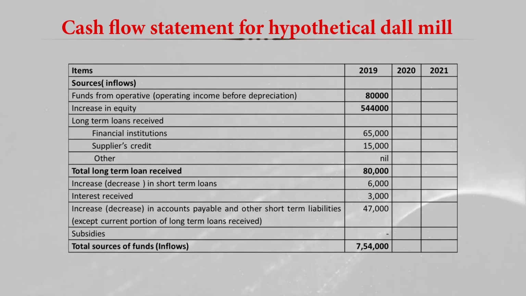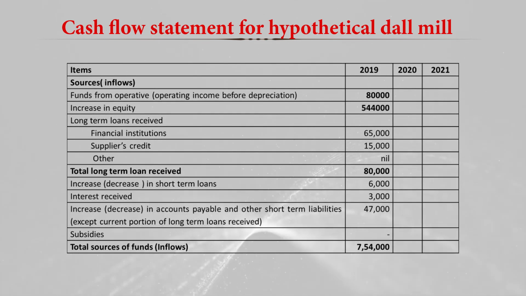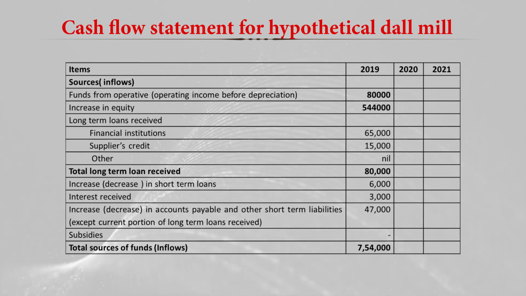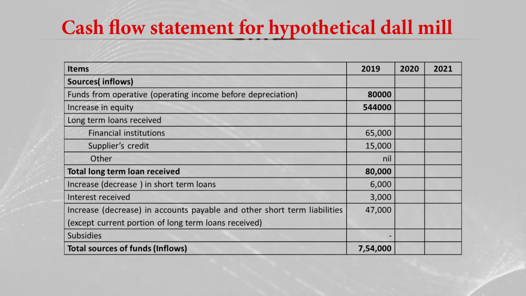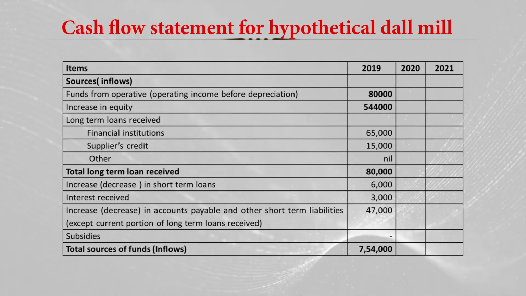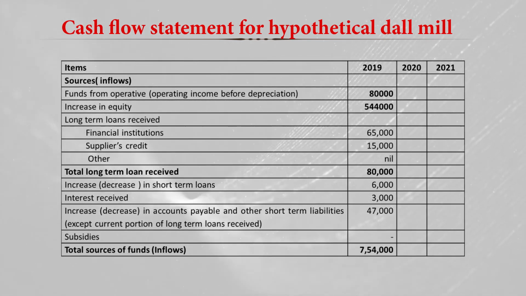Then suppliers credit, like 15,000. So total long-term loan received in the financial year is 80,000. And there is an increase or decrease in the short-term loans, like 6,000 we can say. We have received some short-term loan of 6,000 rupees. Then interest received, that is 3,000.